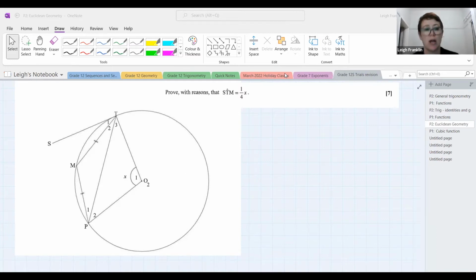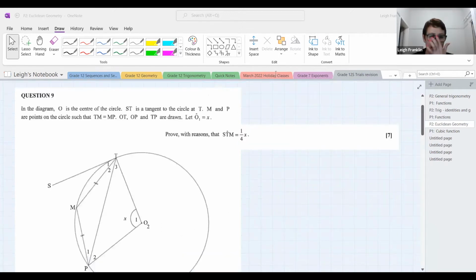All right, good. ST is a tangent to the circle. So if ST is a tangent to the circle, what angle is ST equal to?